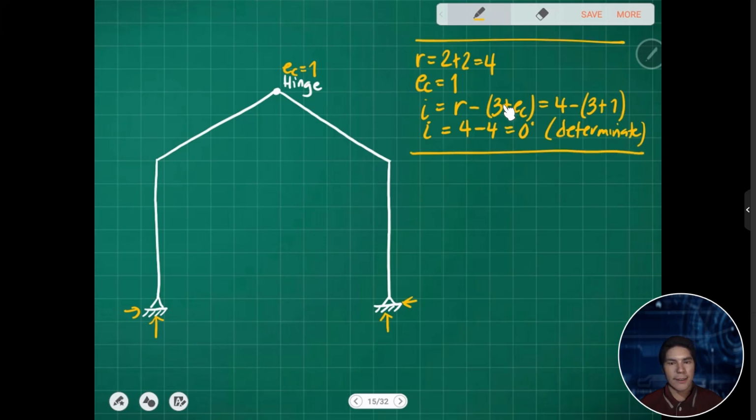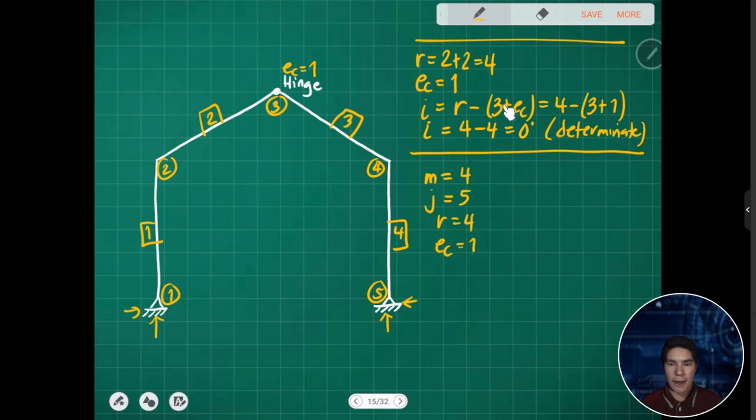You can also use the formula for internal indeterminacy, where we count the number of members. So we have 1, 2, 3, and 4 members. Again, for joints, we have 1, 2, 3, 4, and 5 joints. The number of reactions, again, we have 4.